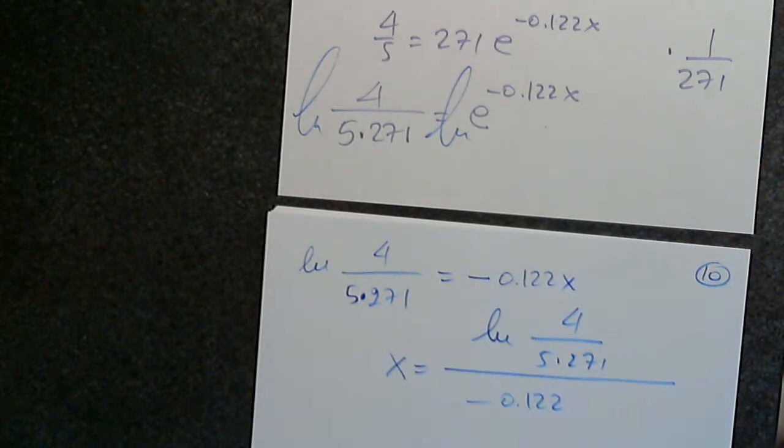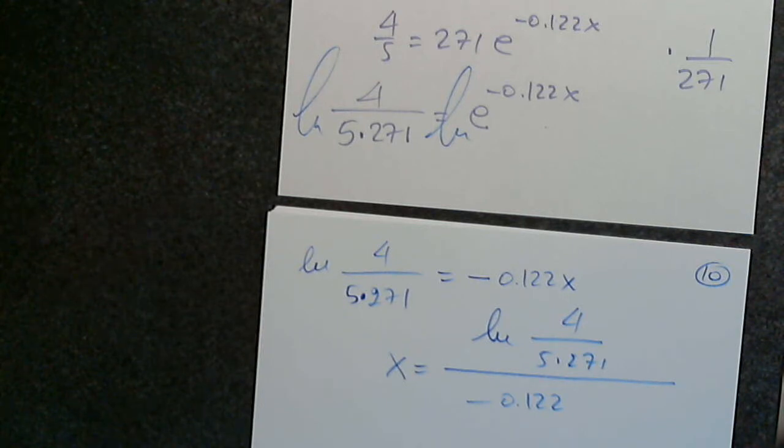Now, if you don't want to do this, that's fine, but then you have to put 4 left parenthesis 5 times 271, close the parenthesis, but then you have to close another parenthesis for the log. That's fine too. Divided by, don't forget parentheses, negative 0.122.